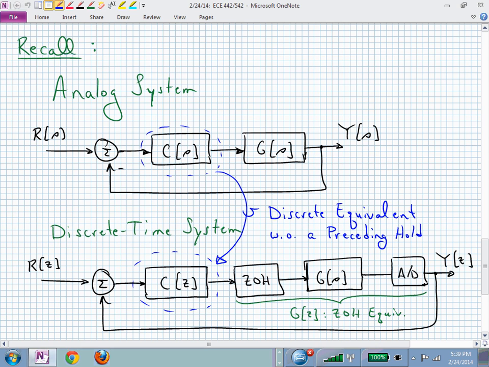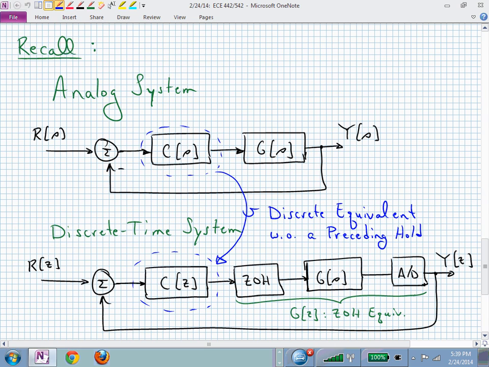Up to this point in the semester, we have been focusing on the zero order hold equivalent, which means we have some system that's preceded by a zero order hold, and then we combine those, knowing that they were going to be there all along. Let's just incorporate the dynamics of the zero order hold into the G of S and find the combined G of Z. That's what we've been doing.